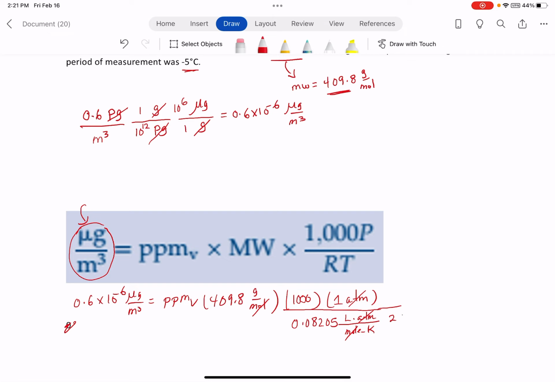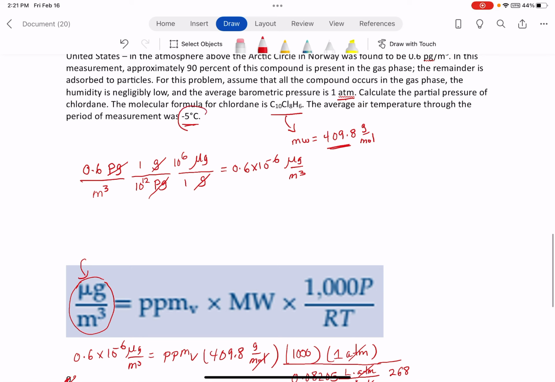It's 268, because you have to add 273 to this. So the temperature in Kelvin is -5 Celsius plus 273, and that will give you 268 Kelvin.